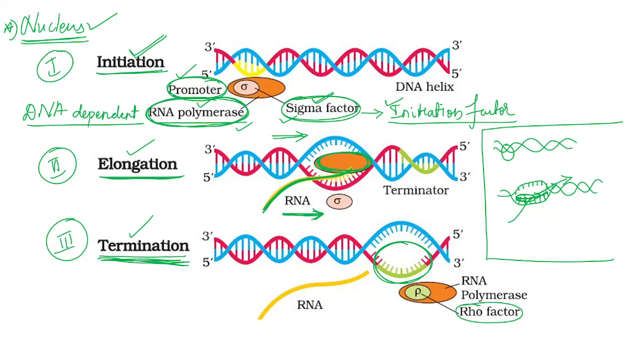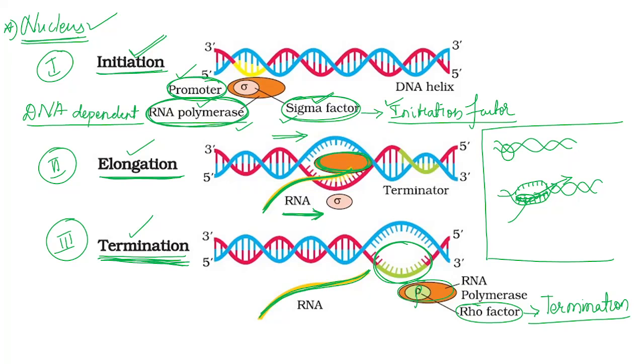Rho factor is also called the termination factor. When it reaches the rho factor or termination factor, then what will happen? The RNA, the polymerase enzyme and the DNA all together will get separated from each other. When all are separated from each other, it will lead to release of the RNA separately, clearly, like this, okay, release of the RNA, clear.